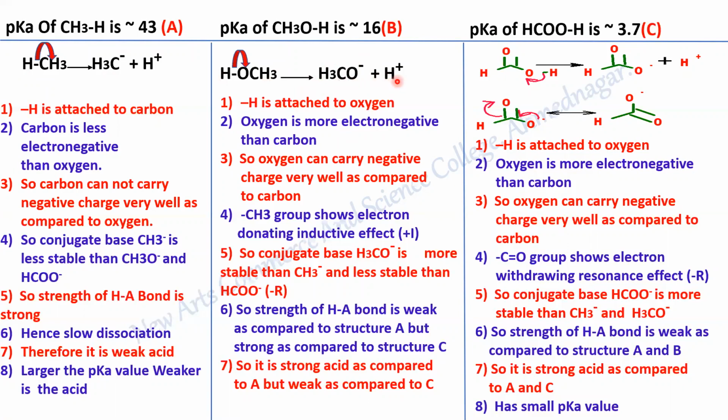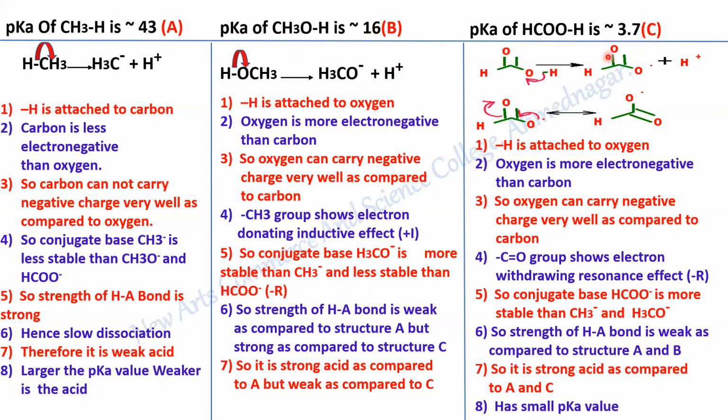If this dissociation is fast, it indicates the H-O bond is weak as compared to A, right? So if this bond is weak as compared to A, the dissociation is fast. Same is written over here. So what do we conclude now? If this dissociation is fast, as compared to A this is a strong acid, right? We can conclude from the pKa value, which changes from 43 to 16.